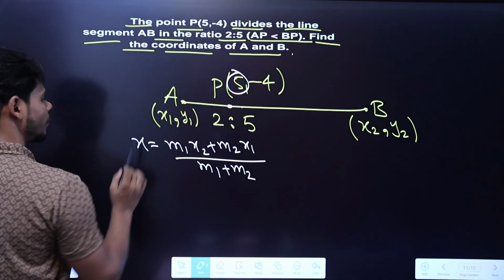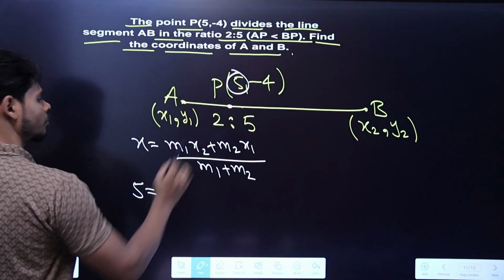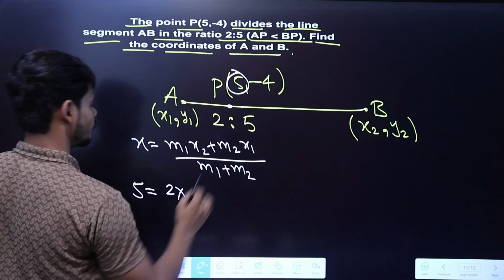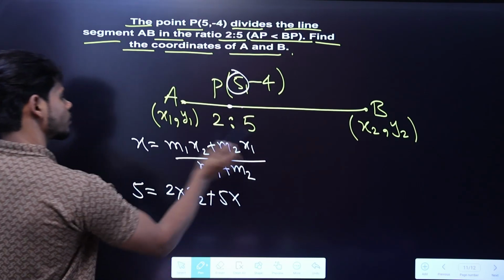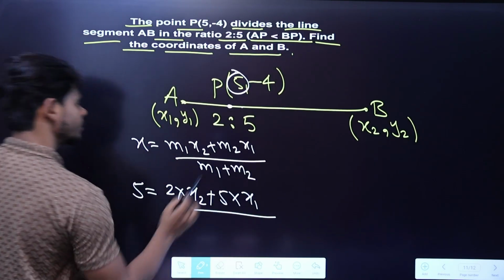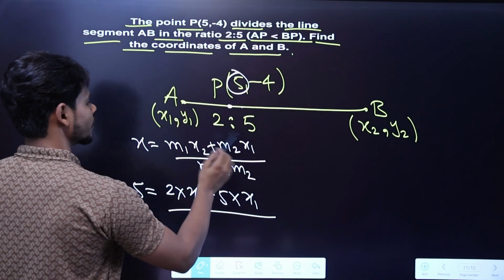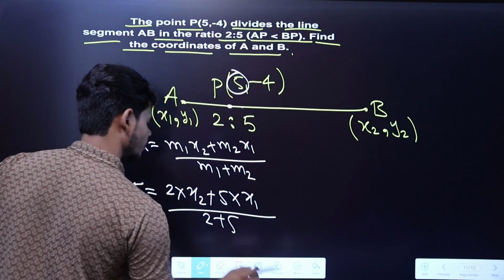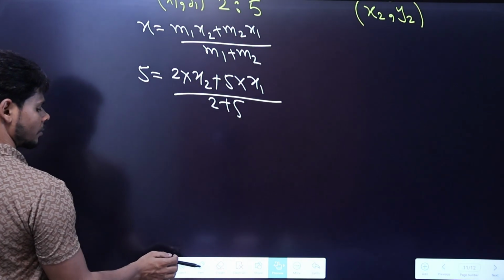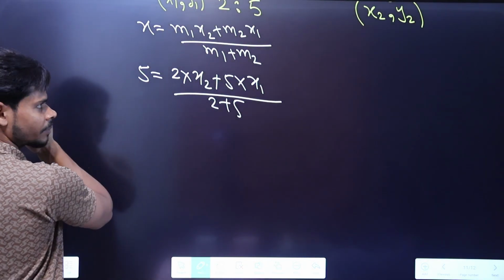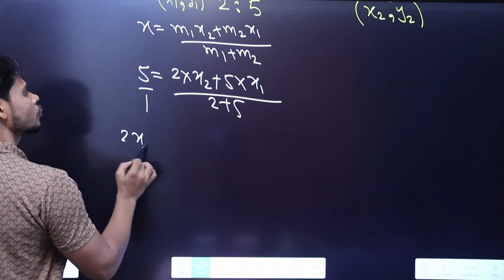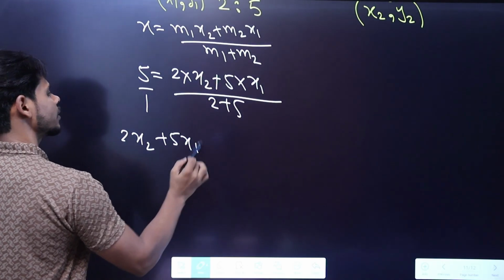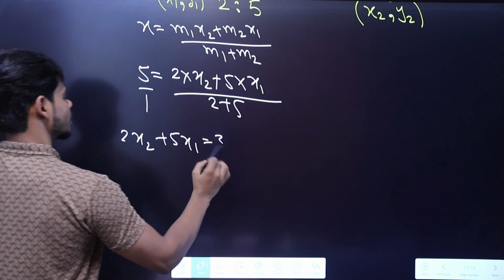So it will become 5, which is already given, is equal to m1 is 2 into x2, which we don't know, then plus m2 is 5 into x1, which we don't know, divided by m1 plus m2, which is 2 plus 5. So if I cross multiply, what will I get? It will be 2x2 + 5x1 is equal to 5 into 7, which is 35.